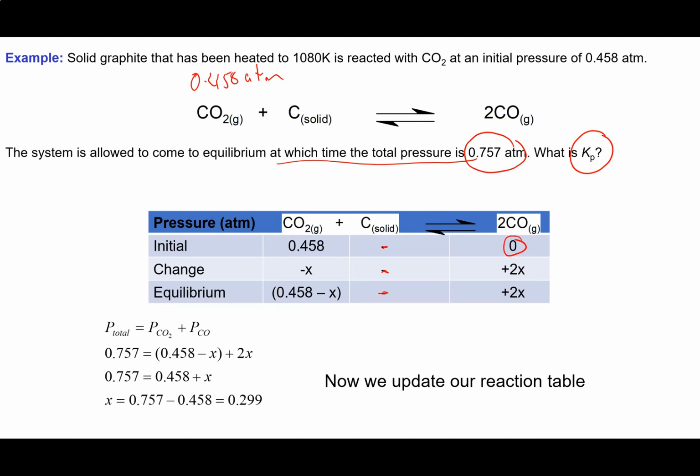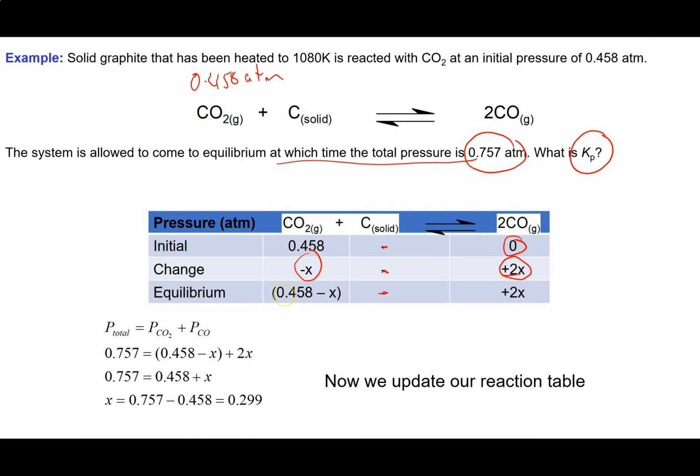So what way does the equilibrium move? Well, it can't move to the left because we don't have any CO. It has to move to the right. So the CO2 is going to go down by some amount x. And because for every one CO2 you make 2 COs, the CO must go up by some amount 2x.